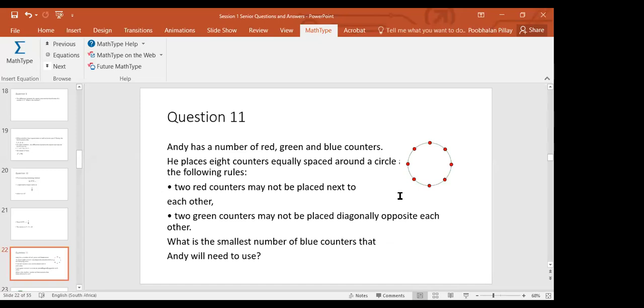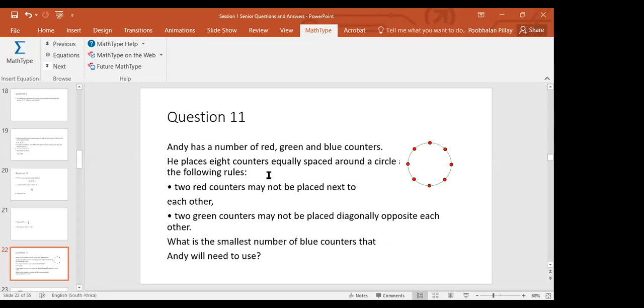Question 11 says, Andy has a number of red, green, and blue counters. I made these counters here red, which shouldn't have been, maybe just imagine that they are black. So you have a thought experiment here. He's got a number of red, green, and blue counters.